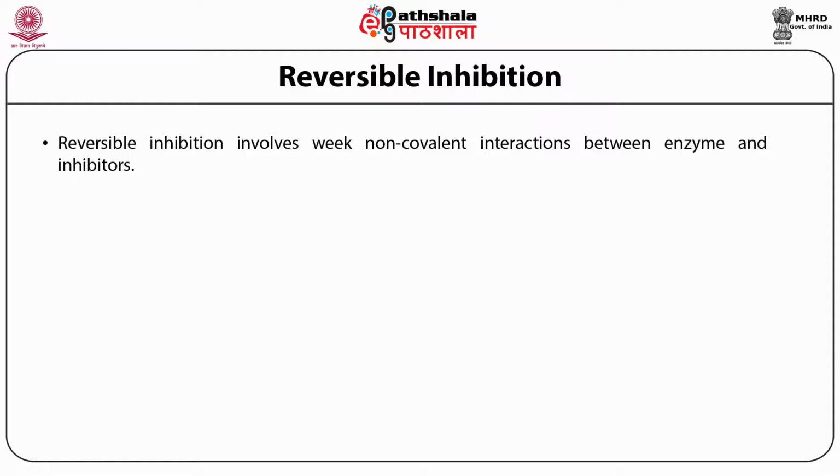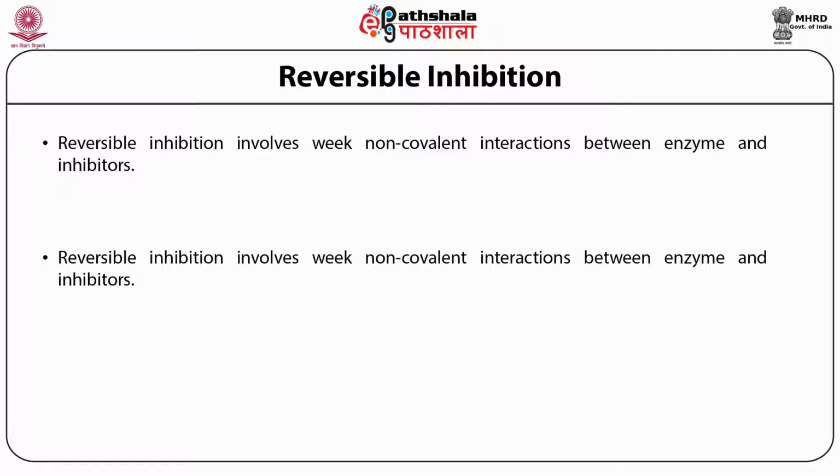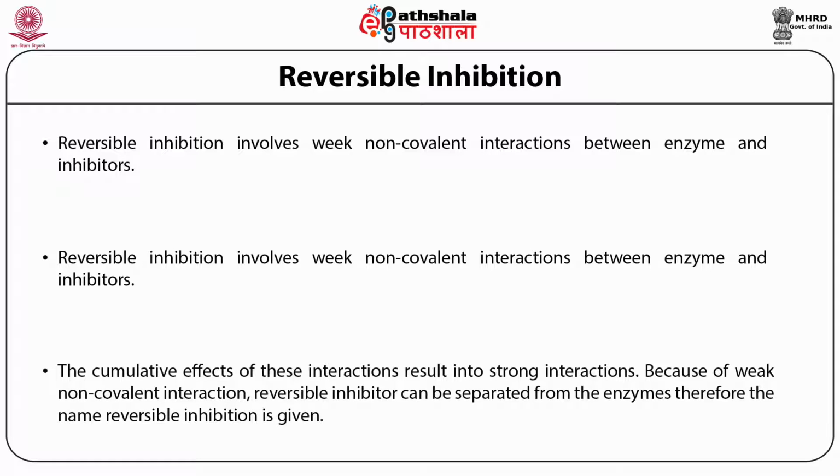Therefore, most of the interaction between the reversible inhibitor and enzyme is governed by weak non-covalent interactions, which include hydrogen bonding, hydrophobic interaction, van der Waals forces, and salt bridges. The cumulative effect of these interactions results in a strong interaction. But because these are weak interactions, you can reverse the process of inhibition.